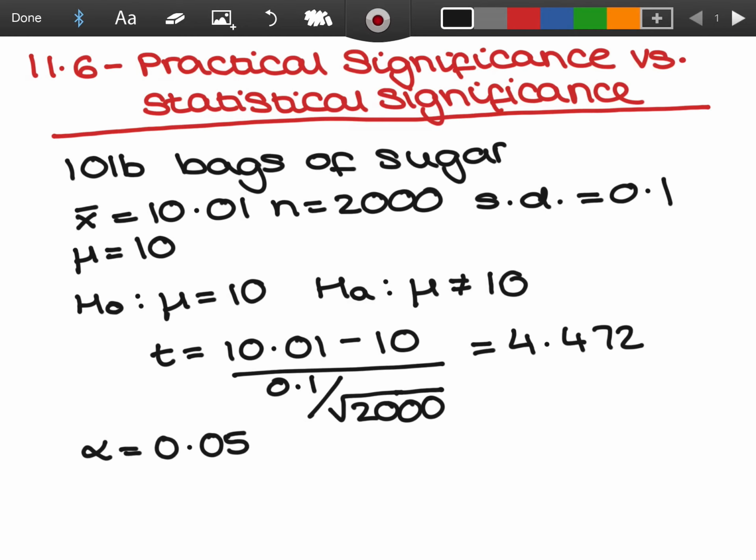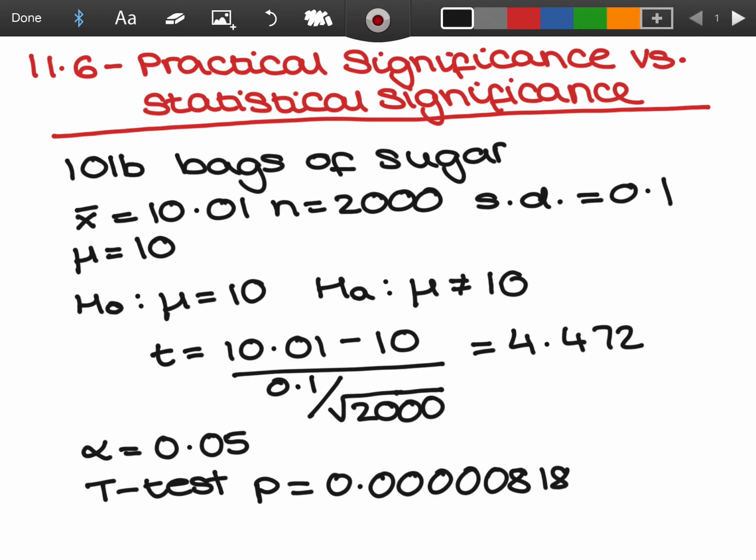Okay, the question is, are we going to reject or fail to reject that null hypothesis? Well, you can go ahead and do this with a critical value, etc. But what we're actually going to do is to do the t-test, just to make it easy. And for this particular example, the t-test gives us that p is going to be a really, really small number.